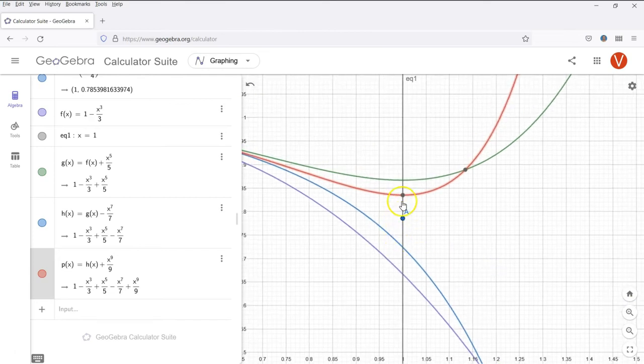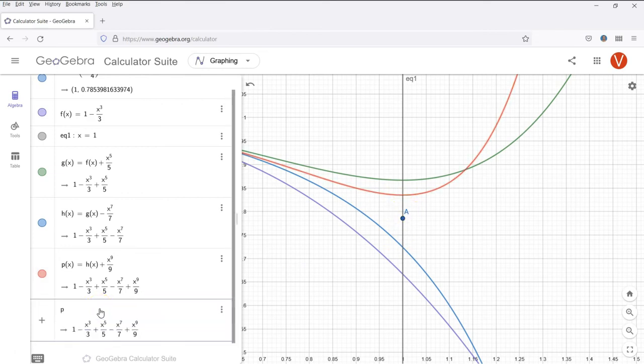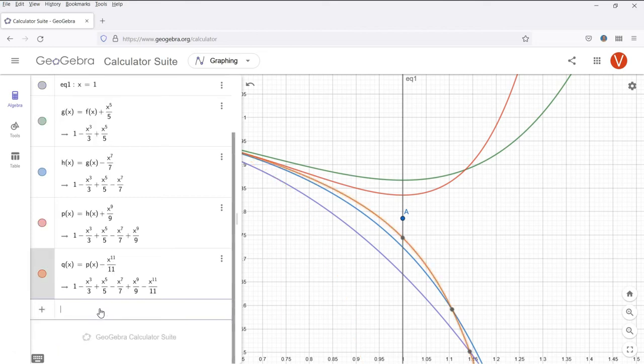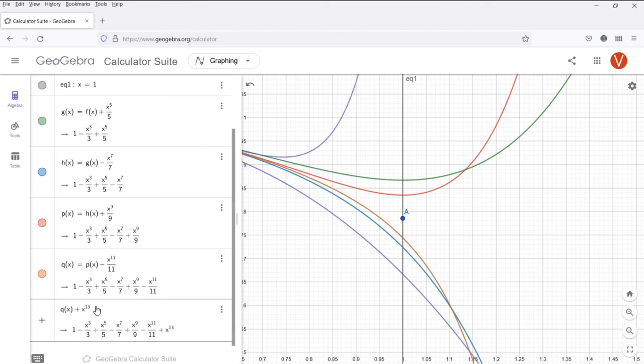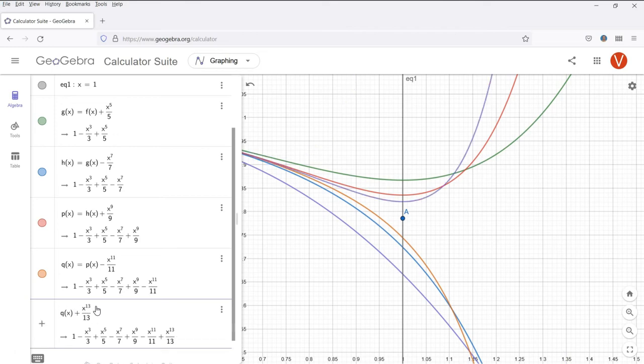This is farther, this is nearer. Now let's add one more term. P of x minus x to the power of 11 by 11. Now just observe, we have got closer. Q of x plus x to the power of 13 by 13.